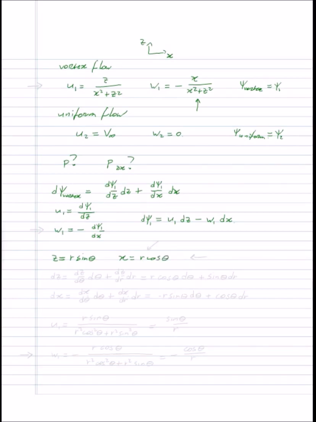If we know these, then we know that dz is given as dz d theta, plus dz dr. So if we evaluate dz d theta, well, the derivative of r times sine theta to theta will give me r times the cosine of theta, d theta. And the second term is the derivative to r. Well, it's linear in r, so this is going to give me a sine theta.